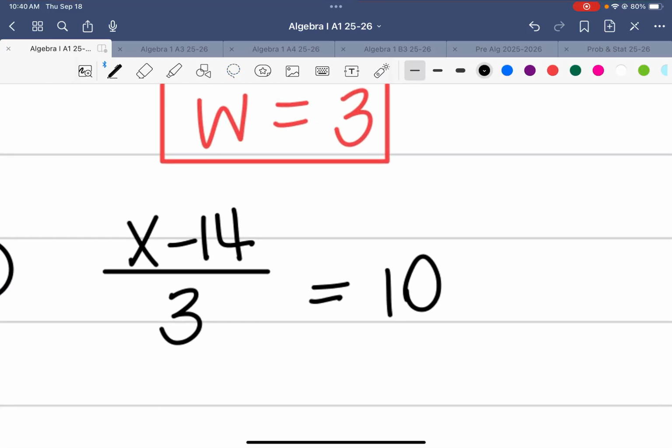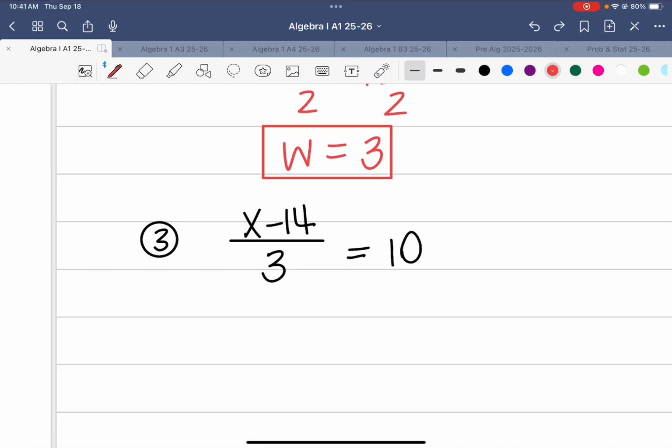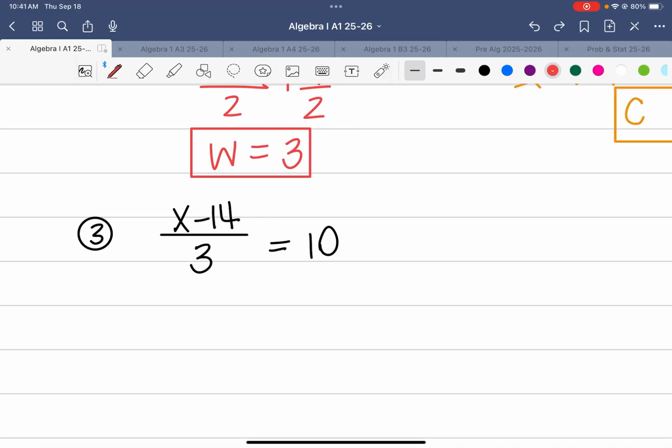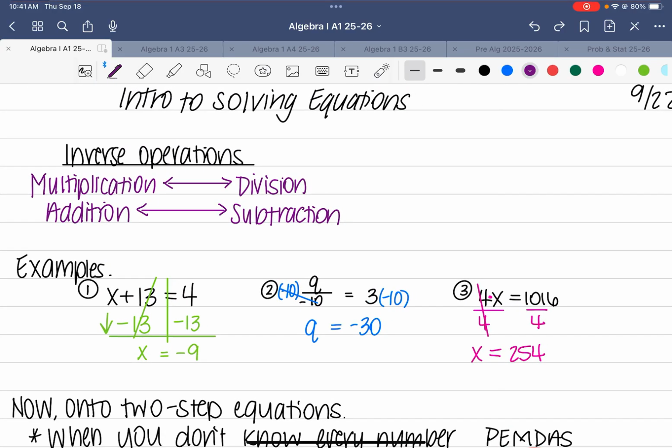So, looking at this problem, what number is further away? My 14, is that further away from my x? Or is the 3? In this case, your 3 is further away. I have x minus 14 divided by 3. According to up top, what is our inverse operation of division? What undoes division?